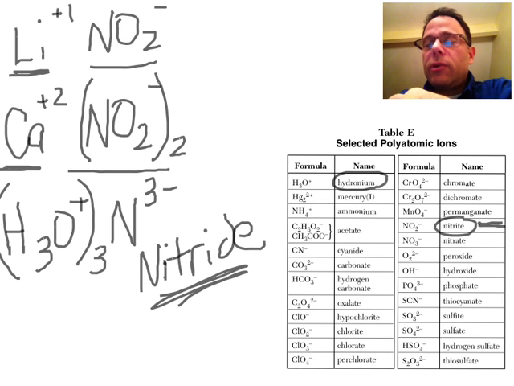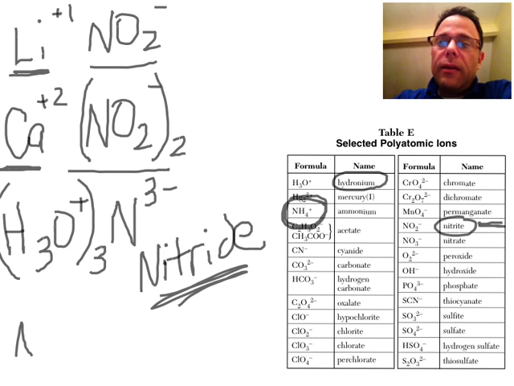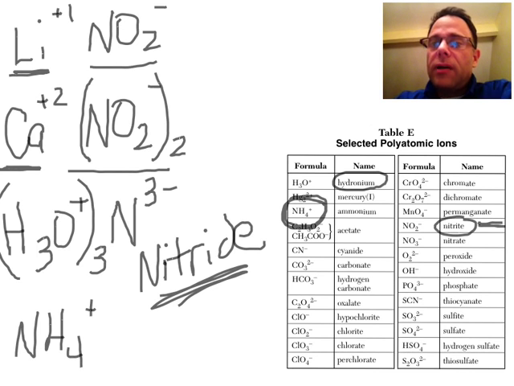Alright, what else can we do with this? One other thing we can do is, what if we have a positive polyatomic ion mixed with a negative polyatomic ion? Let's just say, for instance, ammonium. If we have NH4, that's a positive. Let's choose one that has a 2.